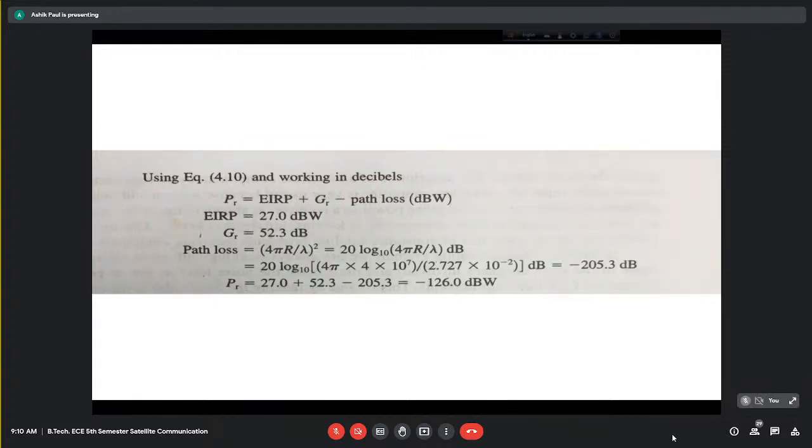So it is very much required nowadays that BTech students should have at least the basic idea of how satellite navigation works. You may not go into the details of it, but at least you should know that. So, towards the end of our course, if time permits, maybe I will also discuss a few things about satellite navigation.